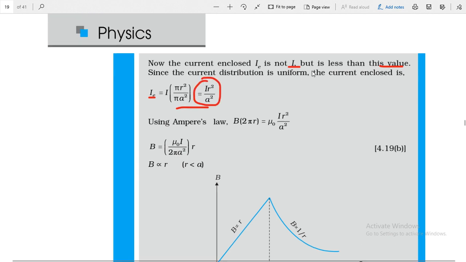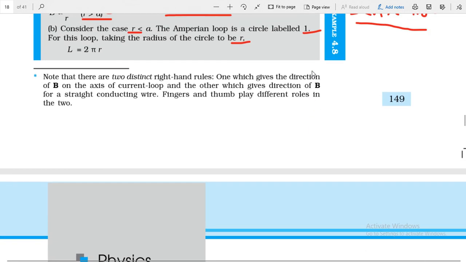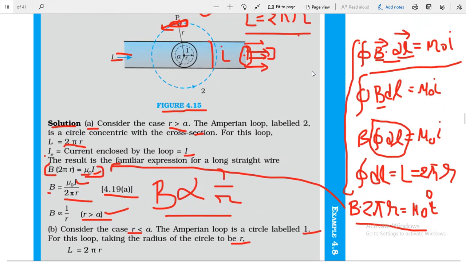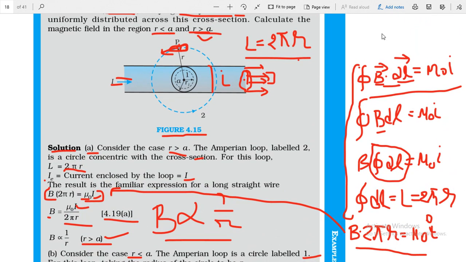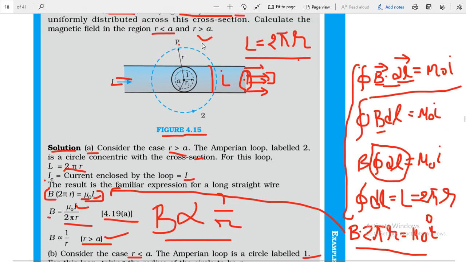So for this, let us check the diagram given in figure 4.15. For this purpose, I am going to erase these things here, to understand the amount of current flowing through the circle shown by dotted lines. So let us understand.